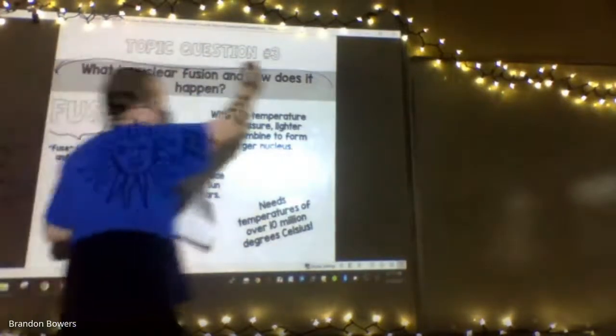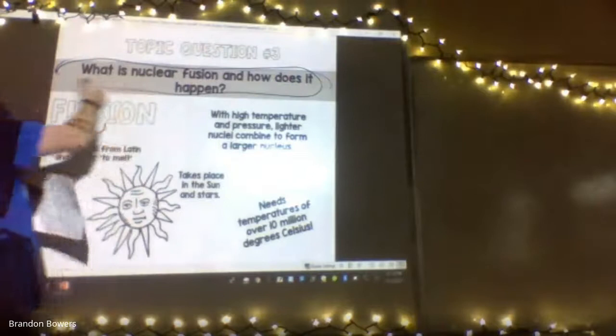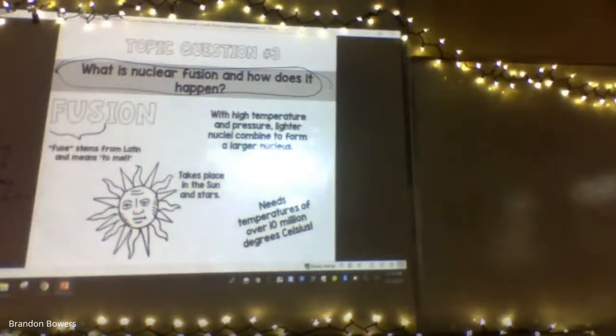What is nuclear fusion and how does it happen?